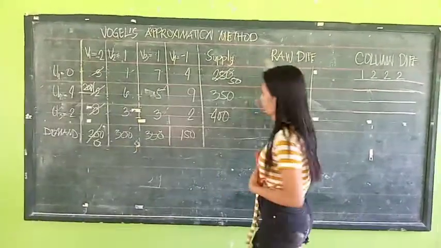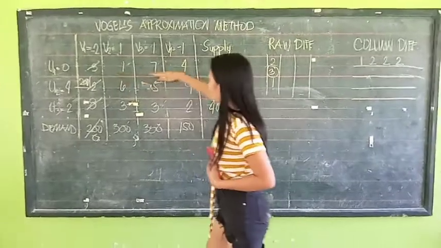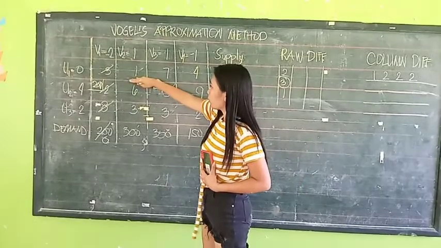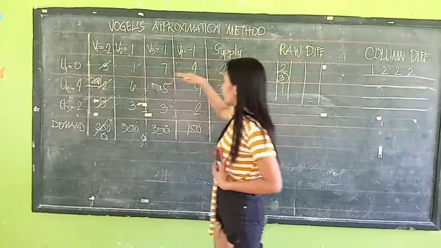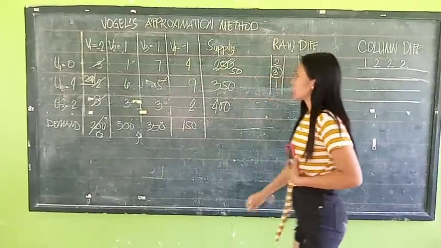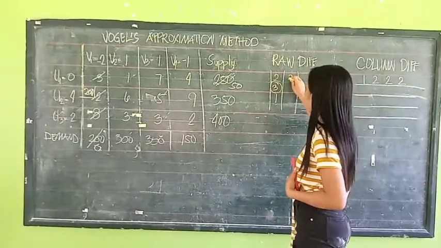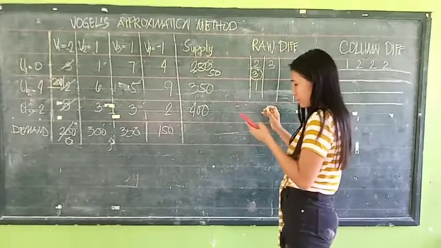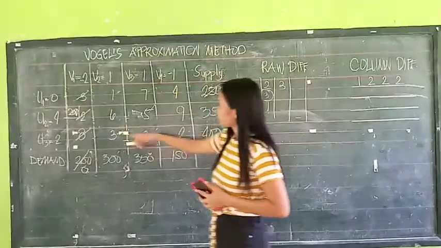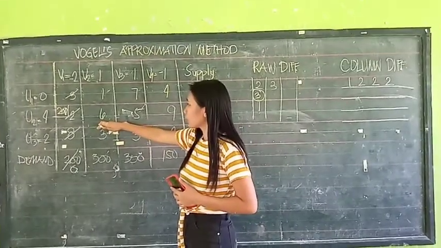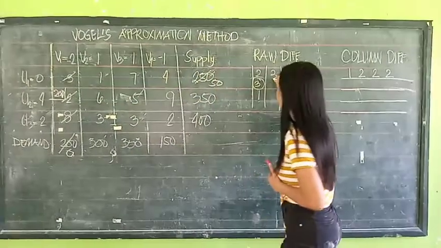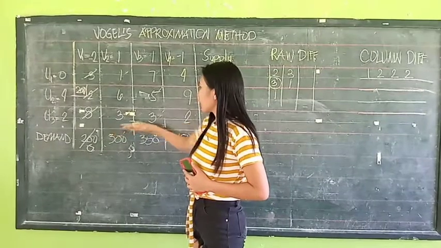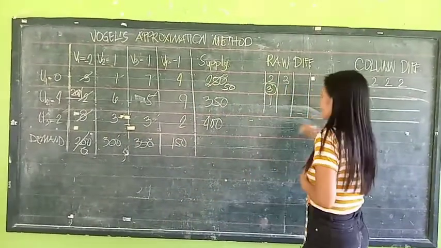Second, we need to find the row difference. So the row difference of 1 and 4 is 3. The difference of 6 and 5 is 1. And the difference of 3 and 2 is 1.